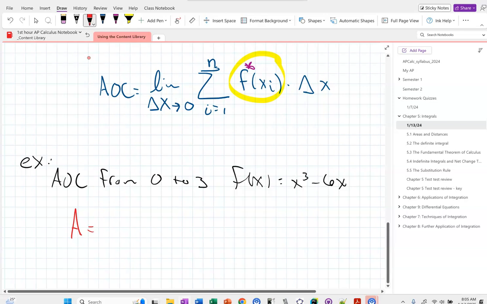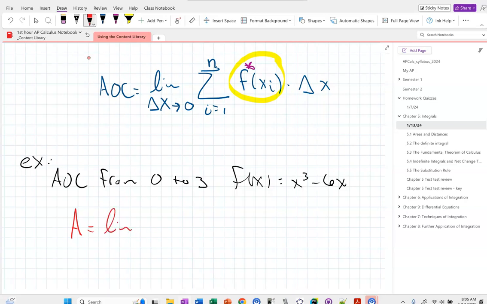So my area is going to be the limit as delta x approaches 0 of the sum from i equals 1 to n of f of xi delta x.